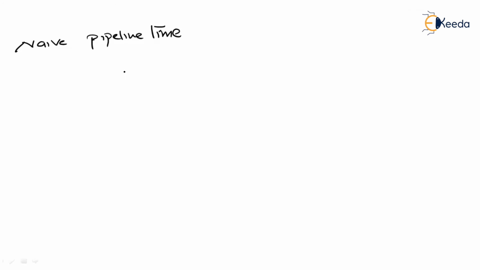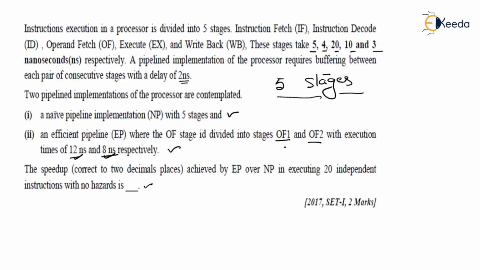Since there are no hazards, pipeline time will be equal to K plus N minus 1, into TP. K is equal to 5, plus N is the number of instructions. What is the total number of instructions to be executed? 20, as given in the question: executing 20 independent instructions.